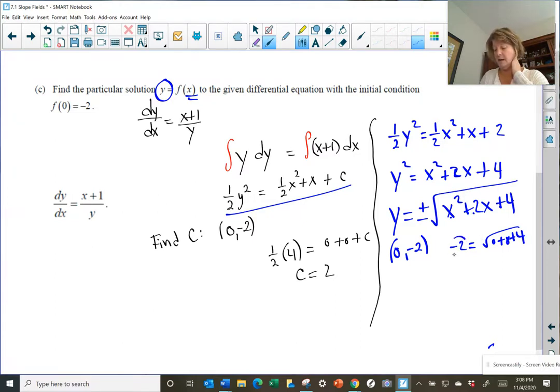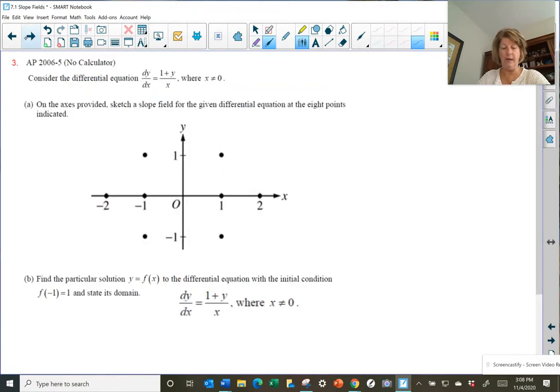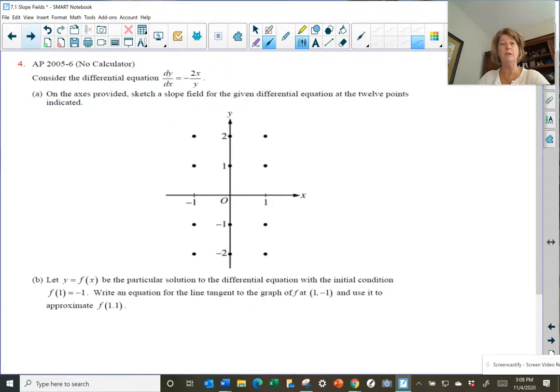But I need it to come out to be -2, which means my solution is going to be the negative radical version. Okay? So always be sure to double check whether it's positive or negative as your final answer. That leaves you just with 3 and 4 to figure out.